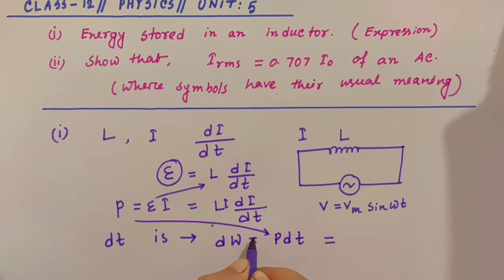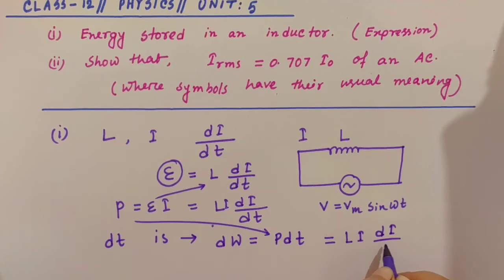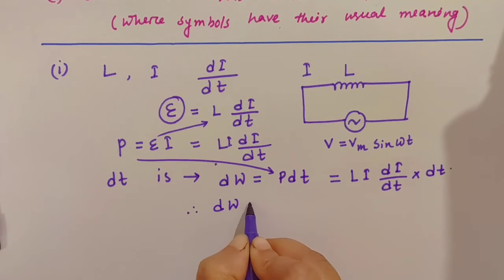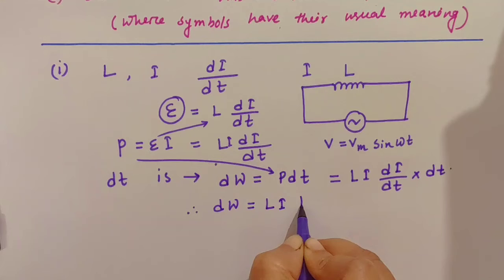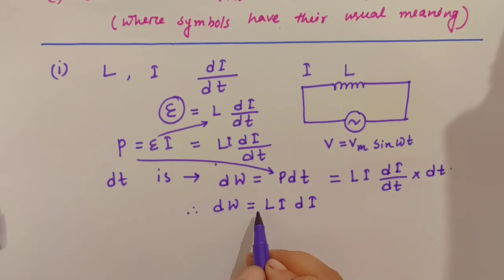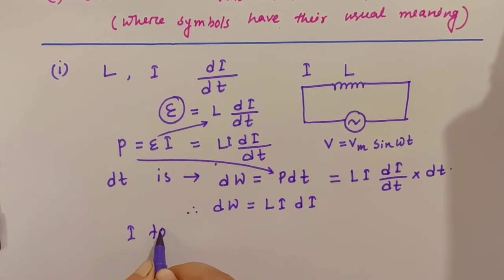Putting the value of P equal to L I di/dt, and we have one dt here, so finally we get dW equal to L I di. The dt cancels out. This also represents the energy supplied to increase the current in the inductor from I to I plus di.